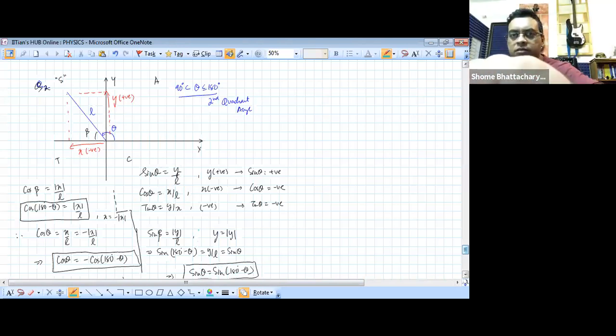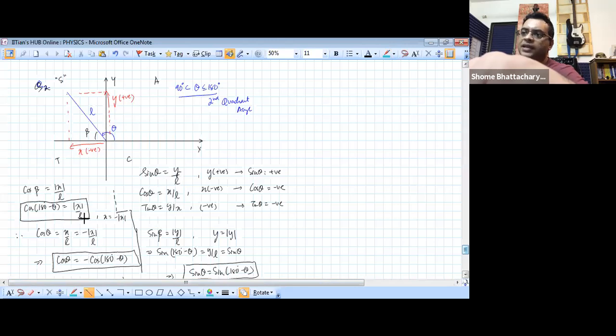Understood? See, cos theta will come out to be a negative quantity because it's the ratio of the x coordinate divided by this length. Now the x coordinate is a negative quantity, no? So this x in this formula should be replaced with minus of mod x.